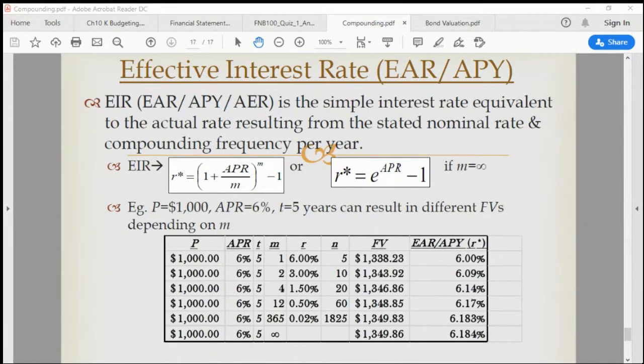If compounding frequency is just once a year, then there is no difference between APR and APY. But that means there will be a difference if the compounding frequency is not 1. If the compounding frequency is greater than 1, then there will be a difference between APR and APY.